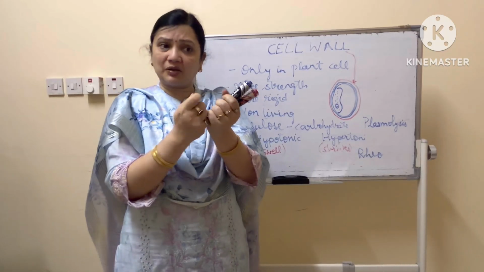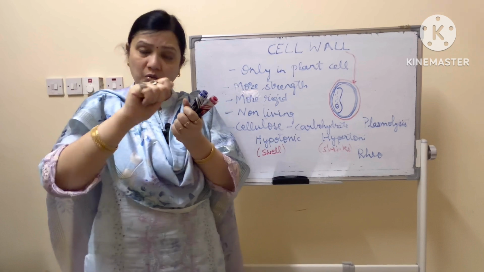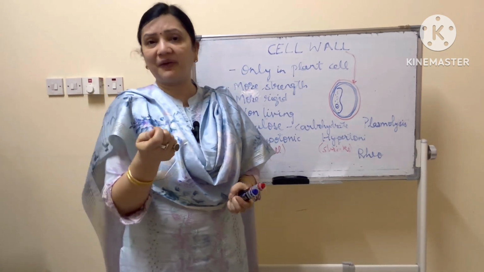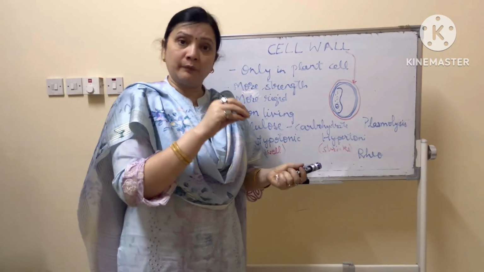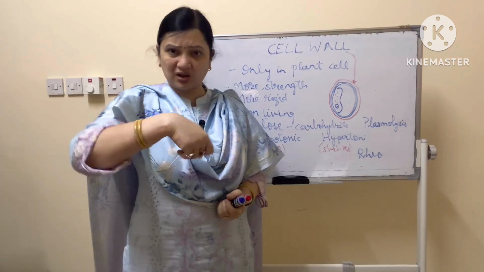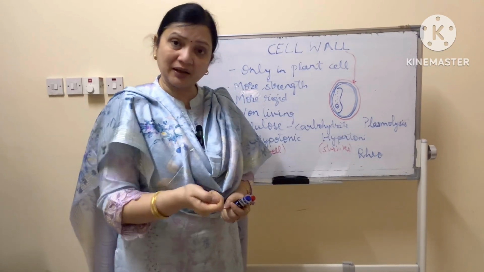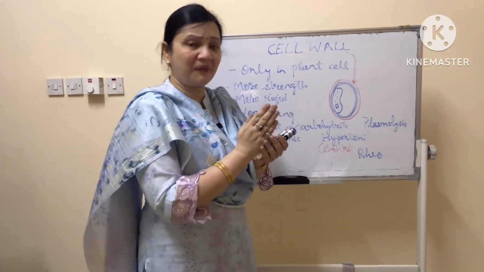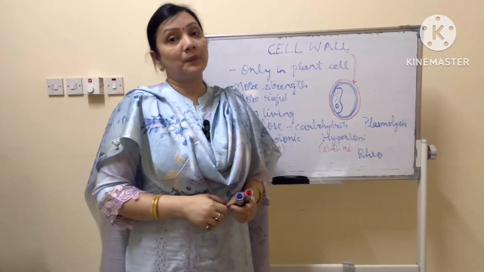Just break it from the center, peel a little bit of the epidermal layer, the outer layer, put a little water on this, and if you have a magnifying glass or something, you put the part in a highly concentrated salt solution. Mix too much salt in water and put it in that. And when you look with the magnifying glass, you will see that all the contents have shifted to the cell membrane. So this is plasmolysis.